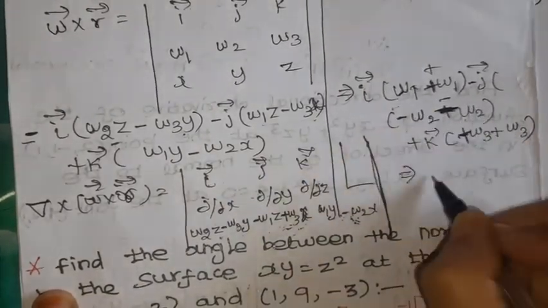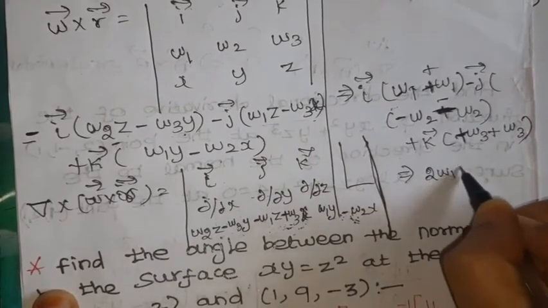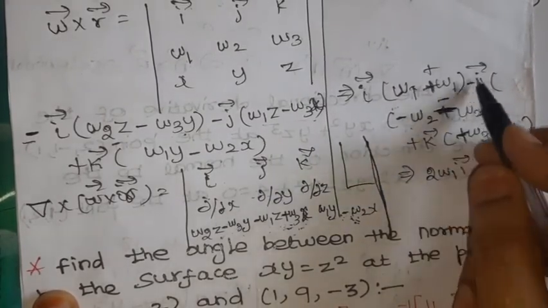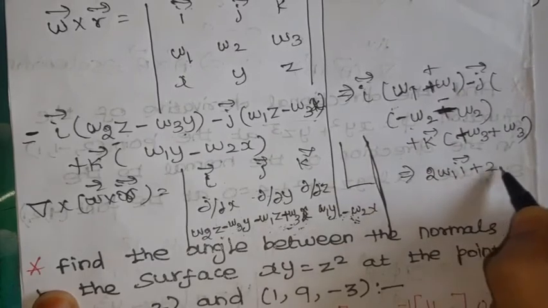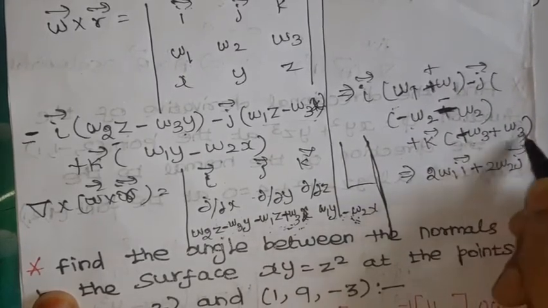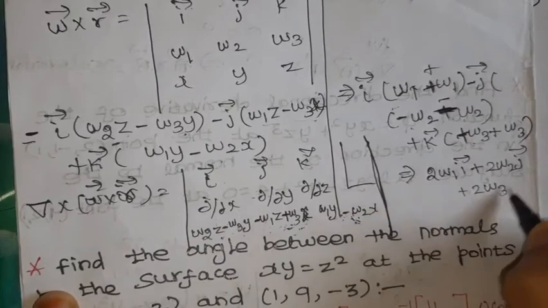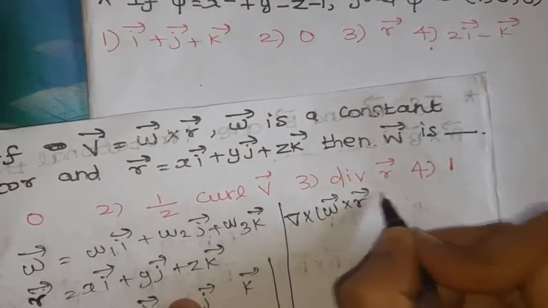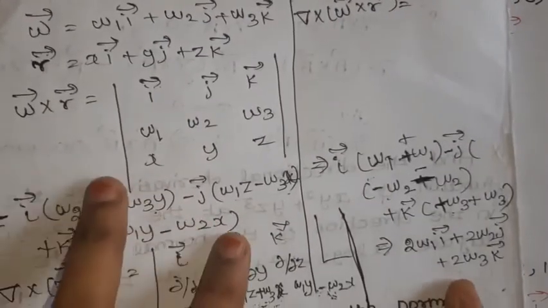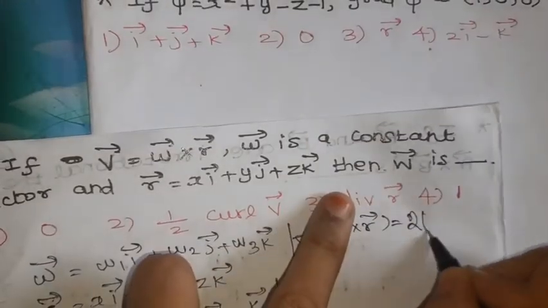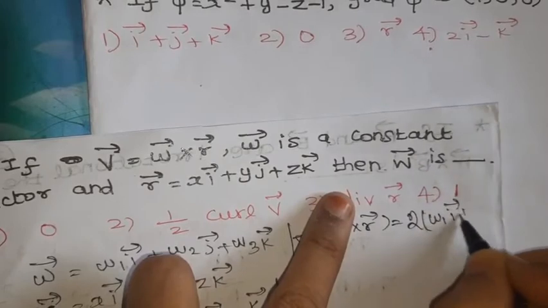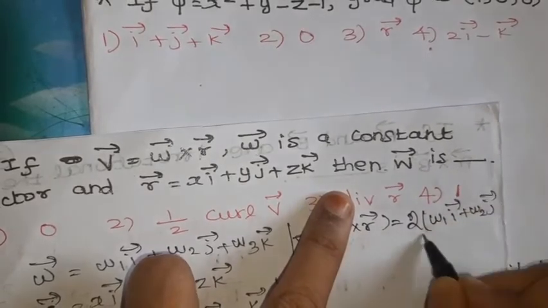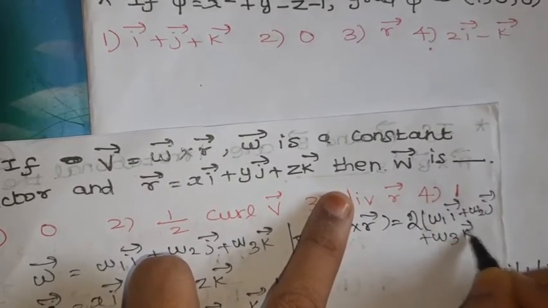So w1 plus w1, 2w1 i, minus 2w2, here minus sign, plus 2w2 j, plus 2w3 k vector. So del cross W cross R is equal to 2w1 plus 2w2 plus 2w3. We can write it as 2 in common, w1 i, w2 j plus w3 k, right?